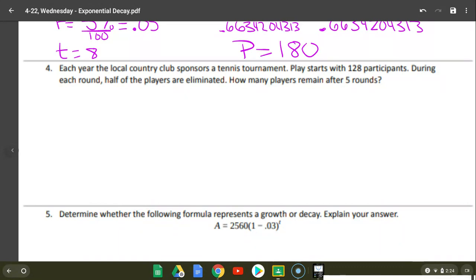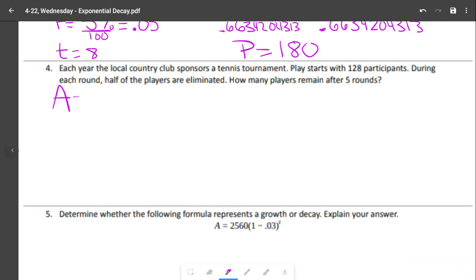Okay, question 4. Each year, the local country club sponsors a tennis tournament. Play starts with 128 participants. During each round, half of the players are eliminated. How many players remain after 5 rounds? So here is our decay formula. We're starting with 128 participants, so there is our P. Now it says half the players are eliminated.